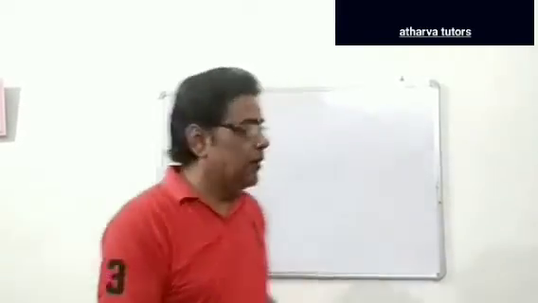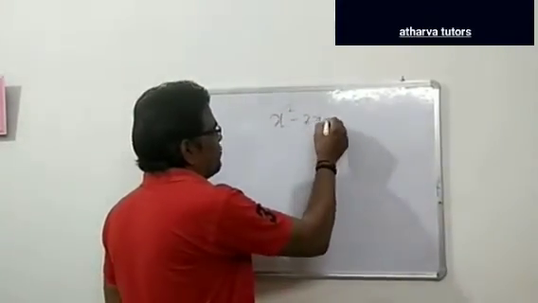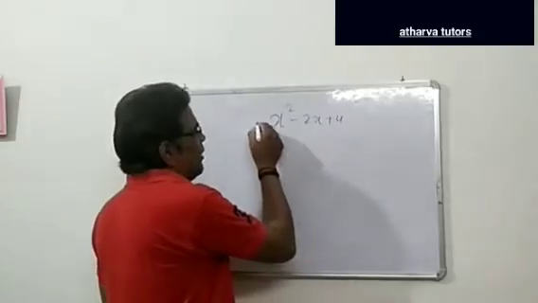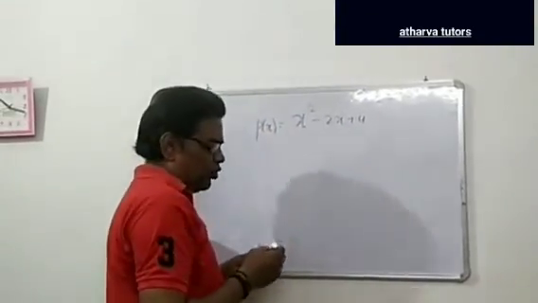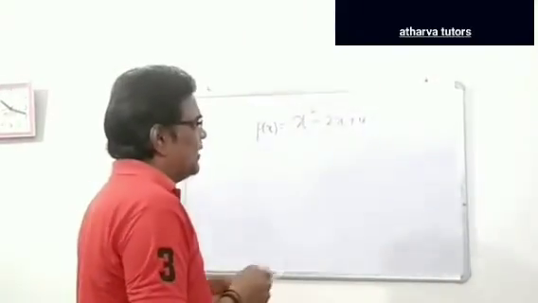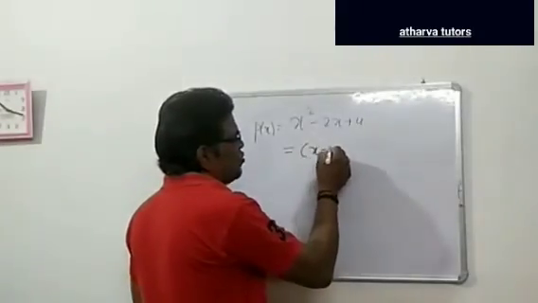Suppose you have a perfect square, x square minus 2x plus 4. How can you write this polynomial? You can write it simply as x minus 2 whole square.